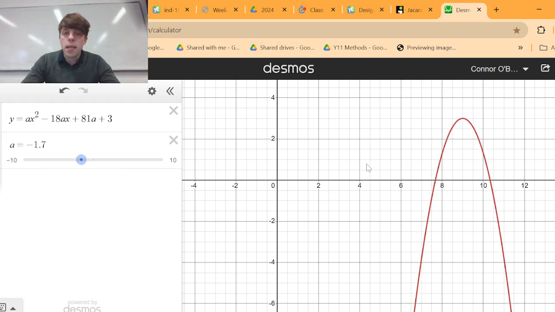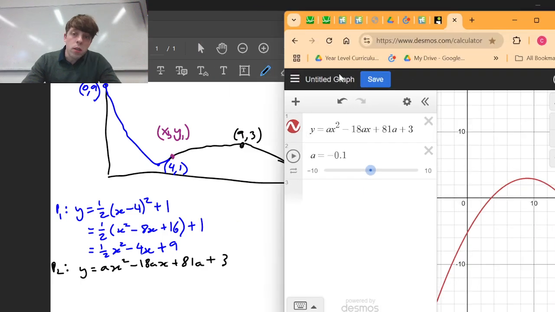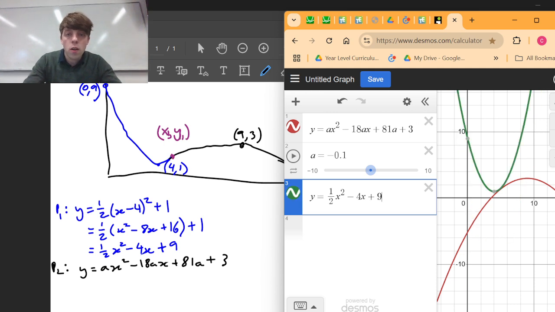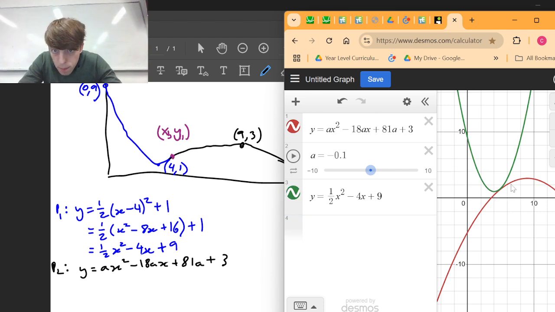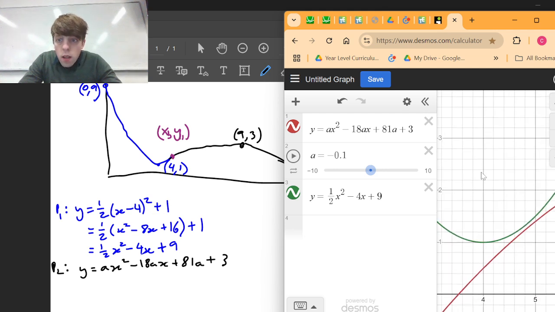We need to see what particular value of a makes this line up with our other parabola. We could actually do this using sliders. So if we typed in our second equation, y equals a half x squared minus 4x plus 9, we want to figure out where these two parabolas can be tangent with one another. And by pure coincidence, that's actually looking pretty good right there.